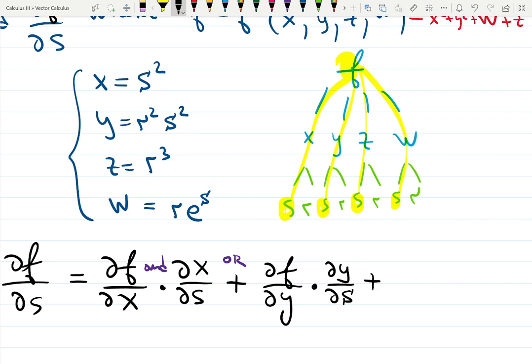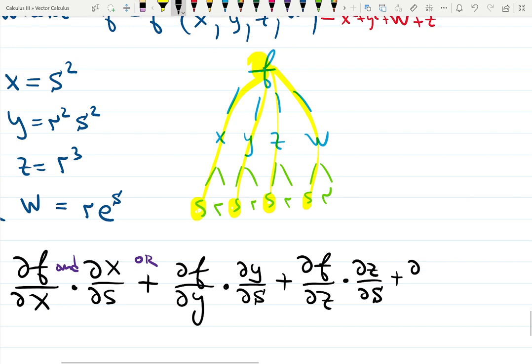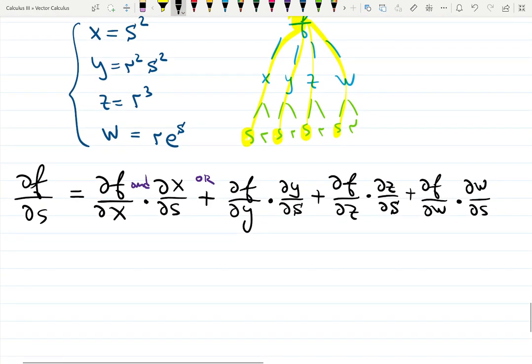Keep going. I can go to the pocket called z, and dig z into s, because there are 2 variables, s and r. And finally, the last choice is the pocket called w, which has to be differentiated with respect to s. So this is the formula you just created in front of you.